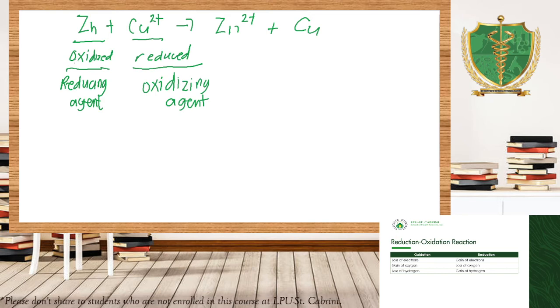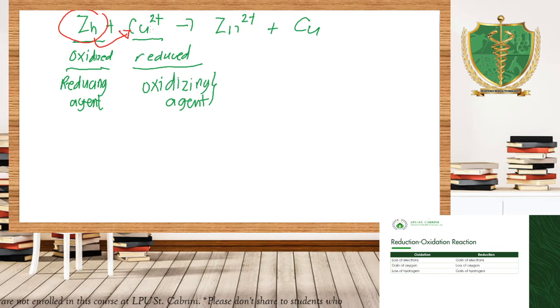Ano po ba ang ibig sabihin kapag sinabi nating oxidizing agent? Kapag po sinabi nating oxidizing agent, this is a reactant that removes electrons from the other reactant. Tandaan mo, itong zinc na to, nag-lose siya ng electrons. At bakit siya nag-lose ng electrons? Because of this oxidizing agent.